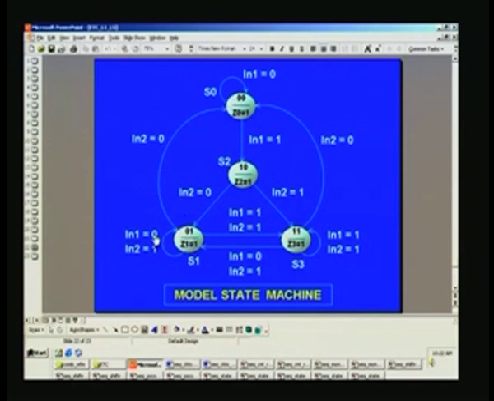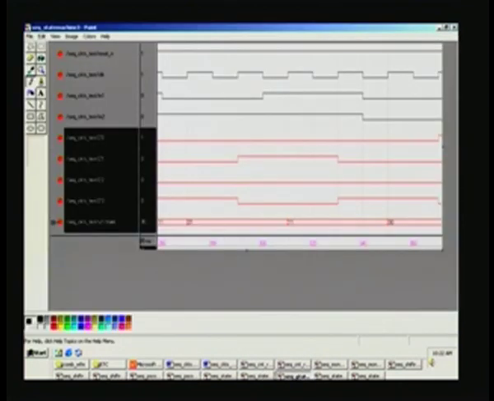If in1 is 0 and in2 is 1, it remains in the same state, right. And so we will see at random a few of them, because two inputs are involved, before we wind up for today.